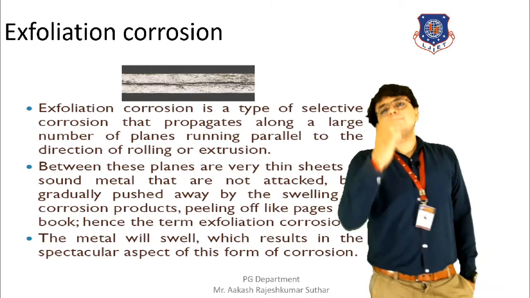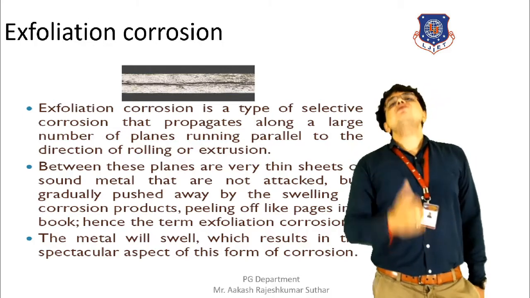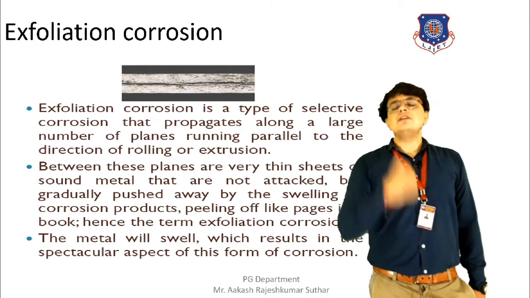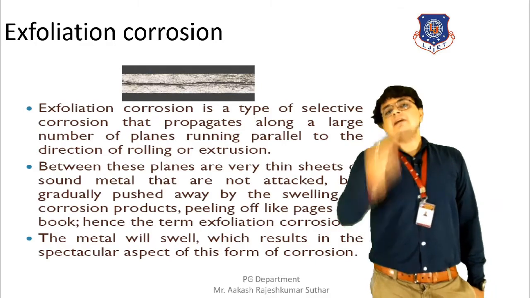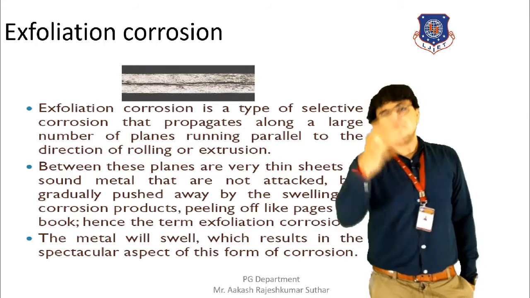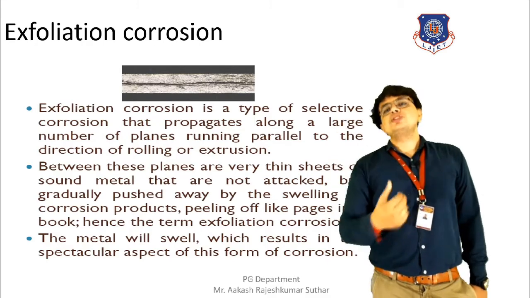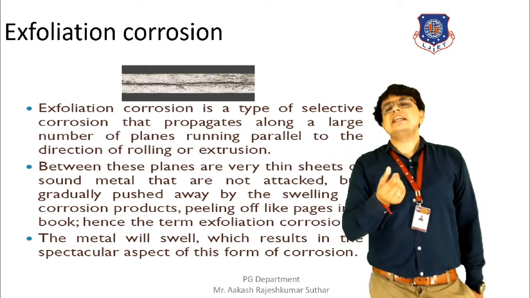The pulling and the peeling of the planes occurs in this type of corrosion. And as a result of this, the peeling of the planes that are coming in the direction of the rolling will occur. And as a result of this, exfoliation will take place.